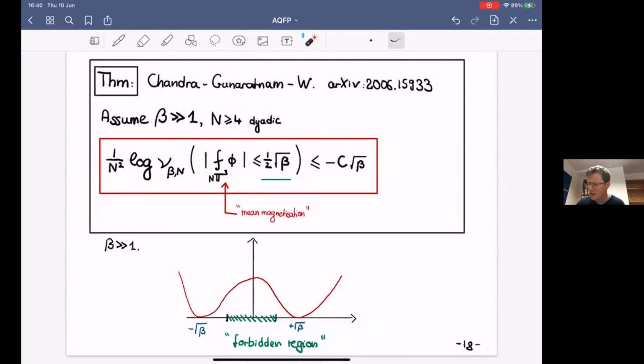And what we showed is that if you look at this forbidden region in the middle that I've sketched in green, then your mean magnetization over large boxes really doesn't want to be there. Of course, let me also say right away, this factor half could be replaced by anything that's less than 1. Half is just a convenient number, but I could also have written 0.9. Okay, so that's this estimate.